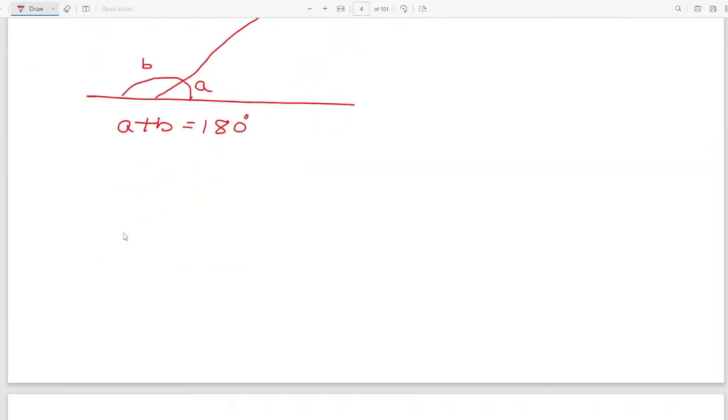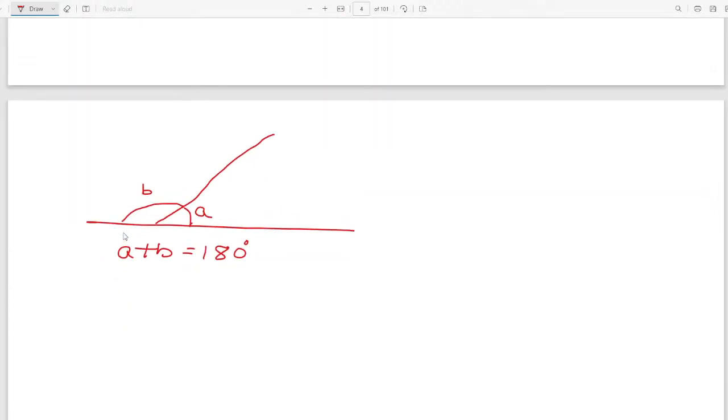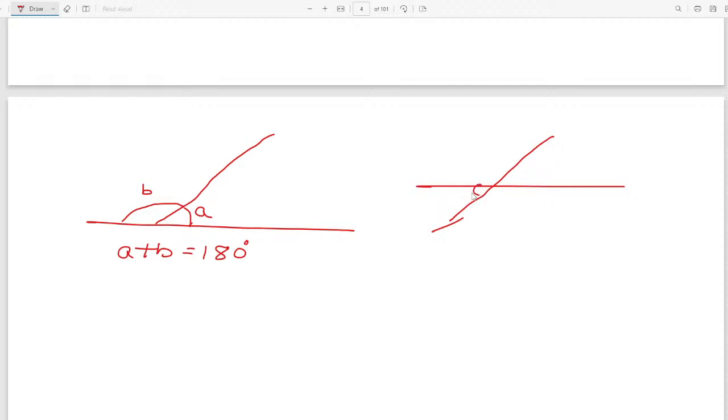Okay, and when two lines are intersecting like this, let this angle be x and this angle be y. X and y are equal. X is equal to y. If this is A and this is B, A is equal to B because they are diagonally opposite angles.